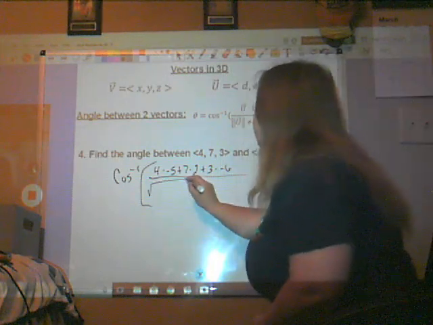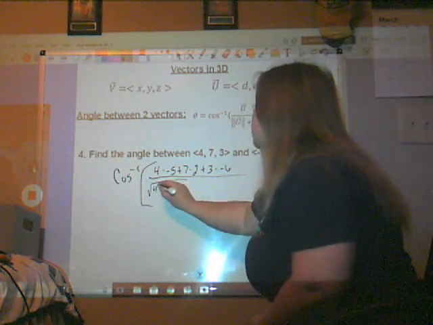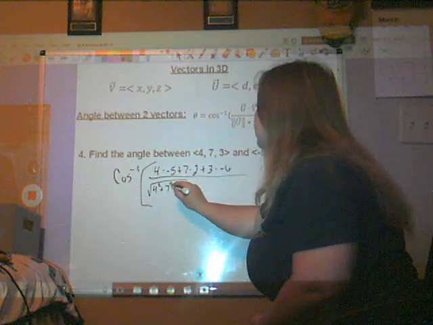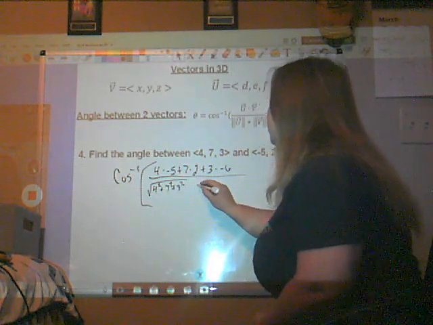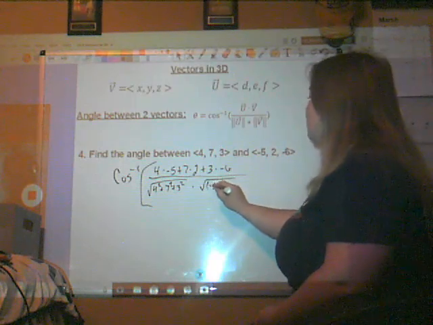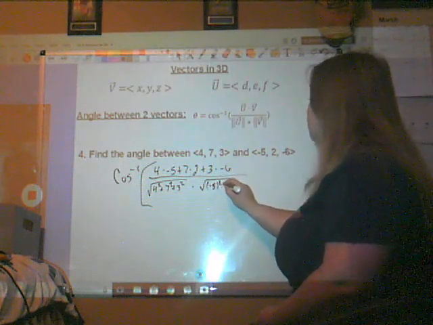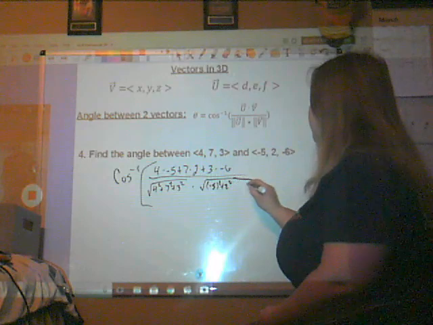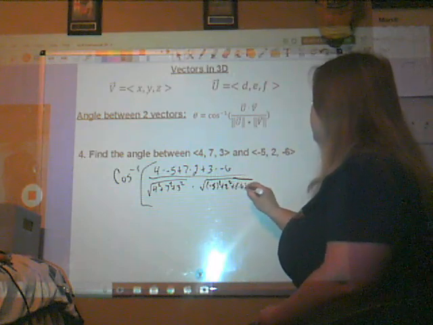So that's the square root of 4 squared plus 7 squared plus 3 squared times the square root of negative 5 squared plus 2 squared plus negative 6 squared.